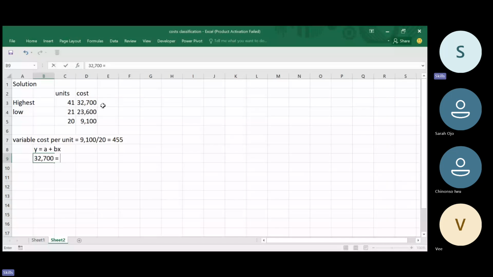Sorry, let me take it this way. Total cost of 41 units is the fixed cost, which is a, plus the variable cost.